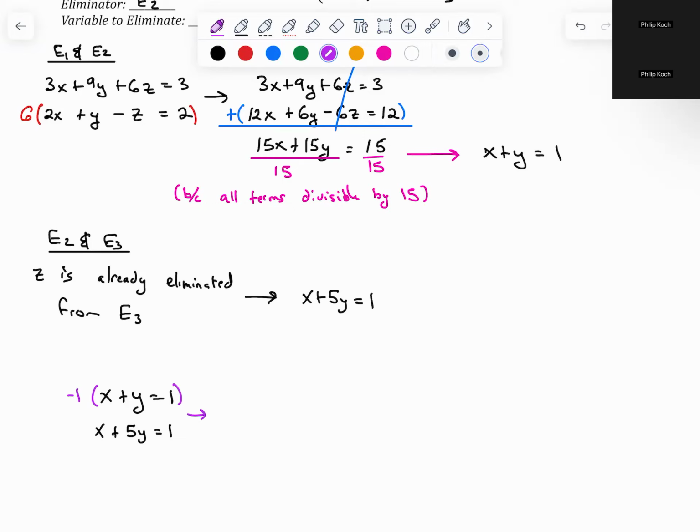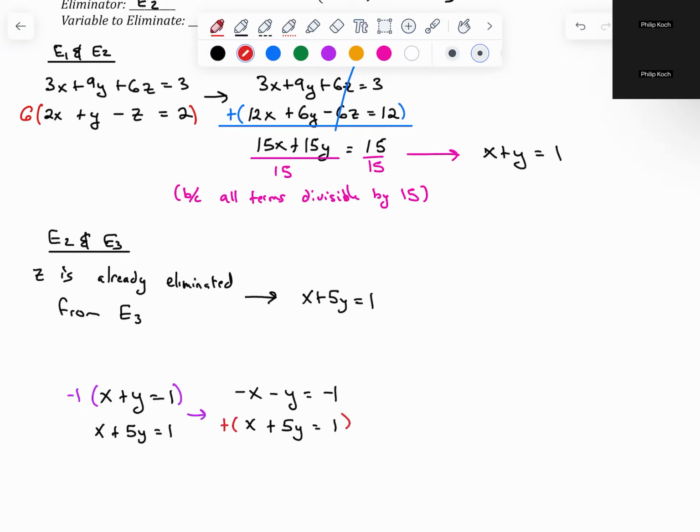And it doesn't matter which one you decide to multiply by -1, just as long as one of them has a positive 1x and one of them has a negative 1x, we're all happy. So this gives us negative x minus y equals -1, and x plus 5y is equal to positive 1.